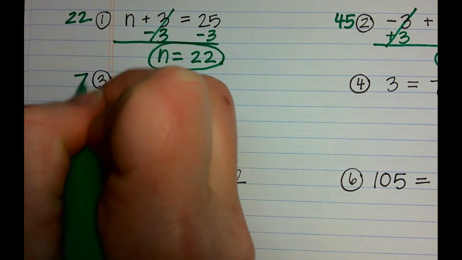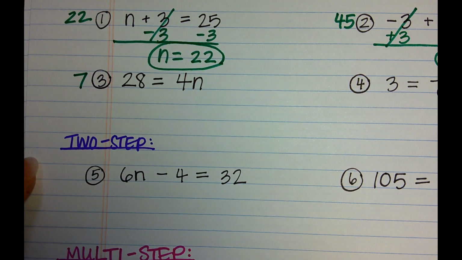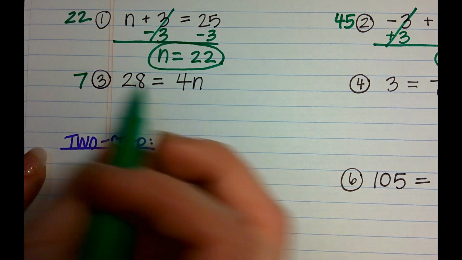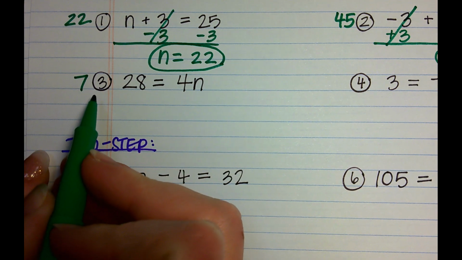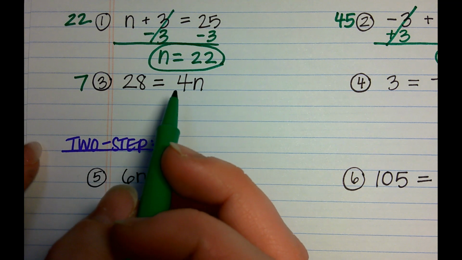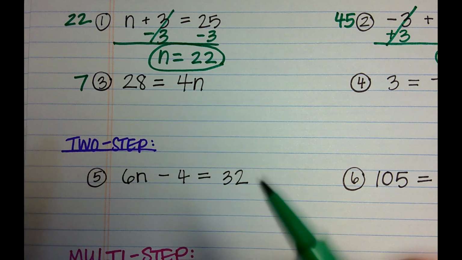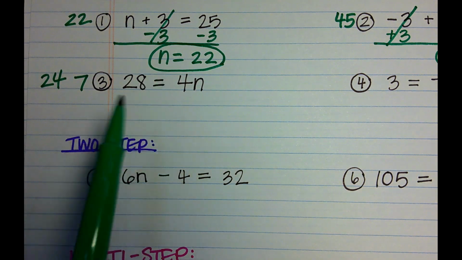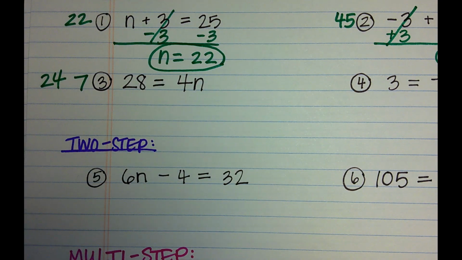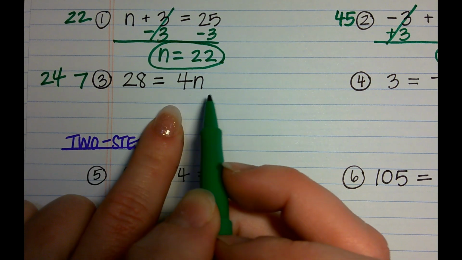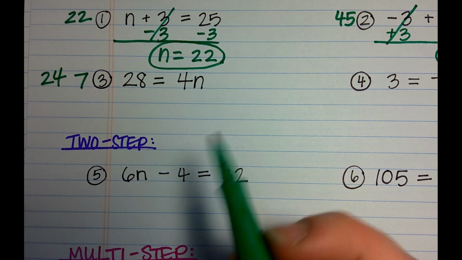Good. All right, what do we get for 3? 7. 7. Anyone get something different? For number 3. I got 24. You got 24? Ooh, okay. I think I know what you did. So I have 28 equals 4 times n.